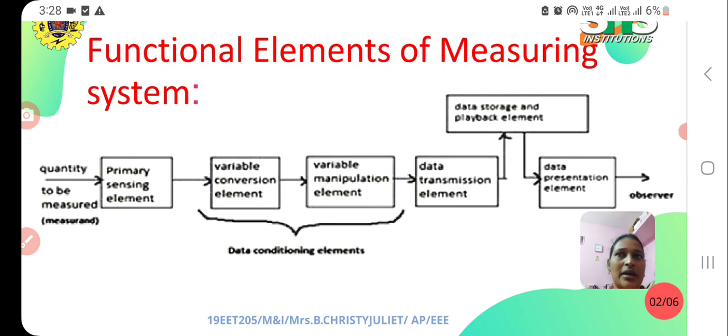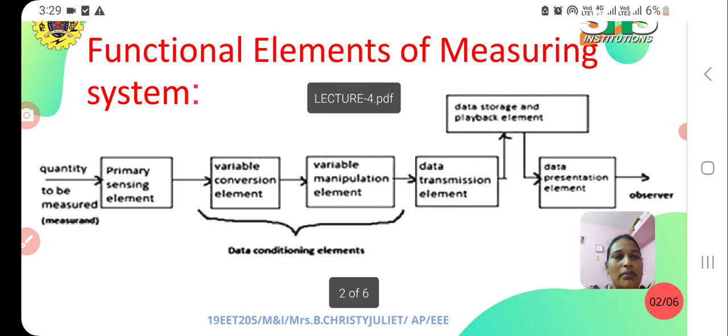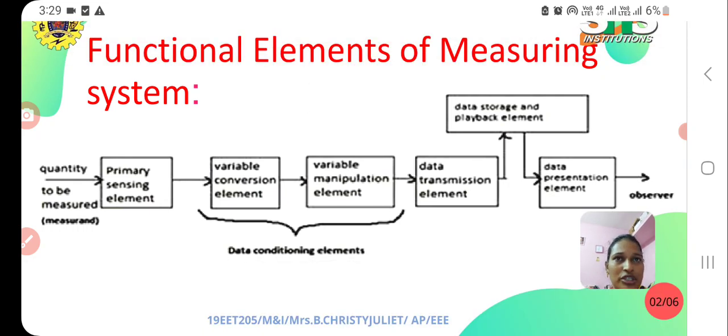If it is an electrical instrument, the conversion element may be a mechanical setup. If it is an electronic instrument, the conversion element may be an analog to digital converter, because it will process only digital signals and will display the output.